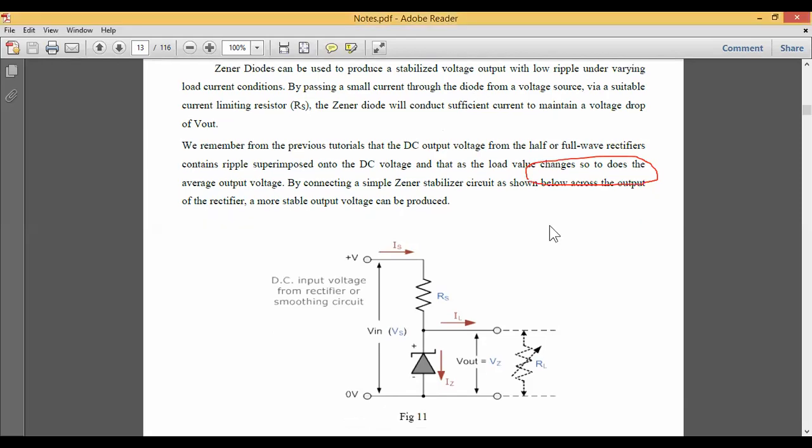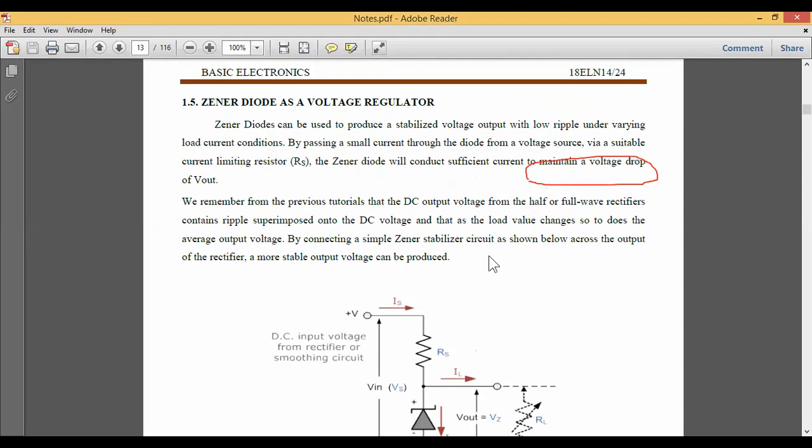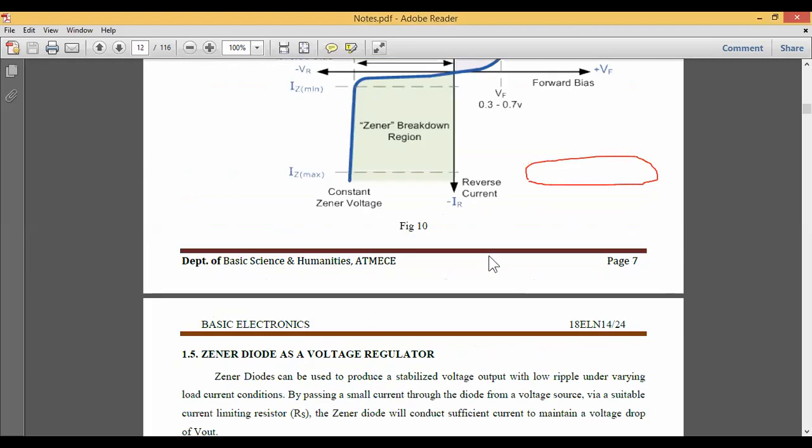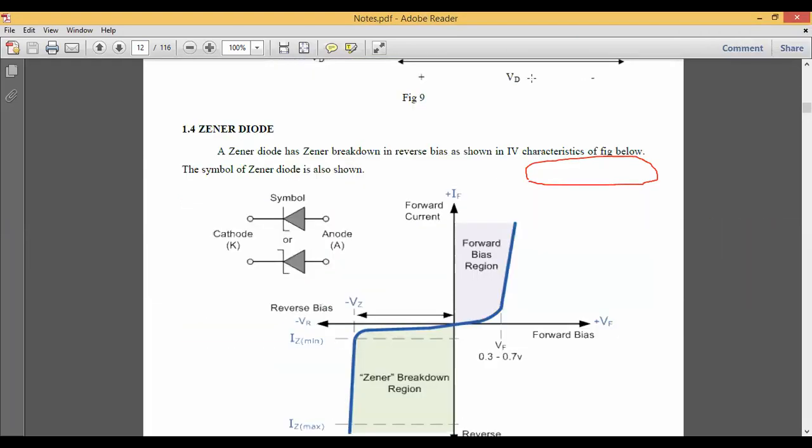Now, how we stabilize the output voltage by making use of the Zener diode is, we take a Zener diode which is operated under reverse bias. Before making it a regulator, what is the Zener diode all about? Basically, it is operated under reverse bias, not forward bias. This is the first difference between a normal PN junction diode and a Zener diode.